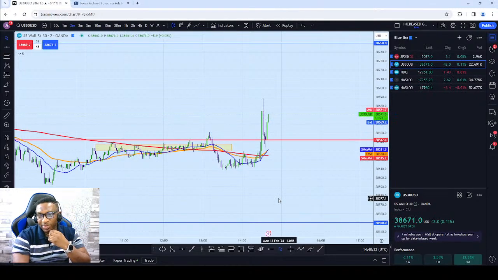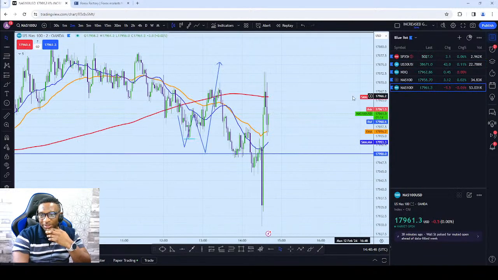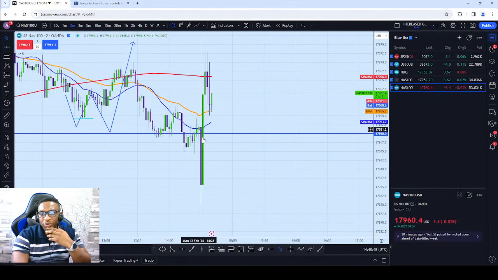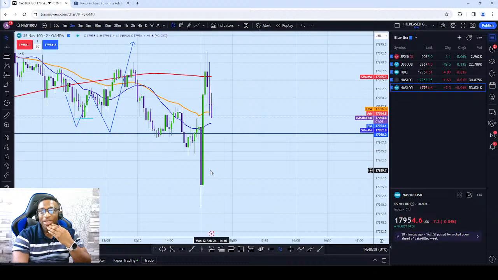Yeah, sometimes I don't like trading during the market open. For instance, how NAS was playing out this time round, it just pushed down once and then turned around. At times it just does this at the same place over and over again, which kind of puts me off.